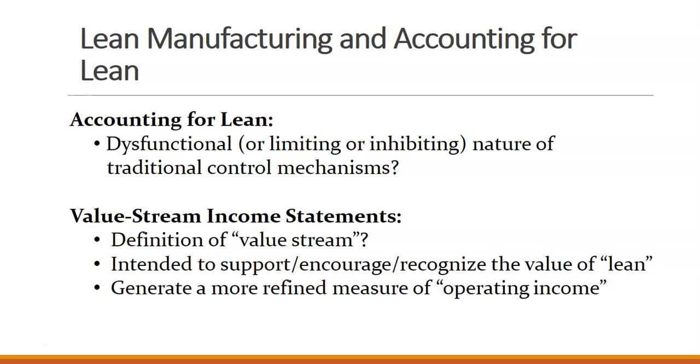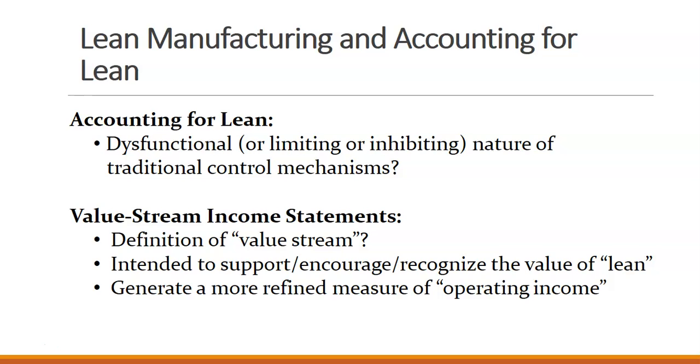When we're accounting for lean, we use value streams to measure the financial benefits of a firm's progress in implementing lean manufacturing. We look at the firm's products and services, place them in value streams, and look at those value streams compared to the cost and motivation.